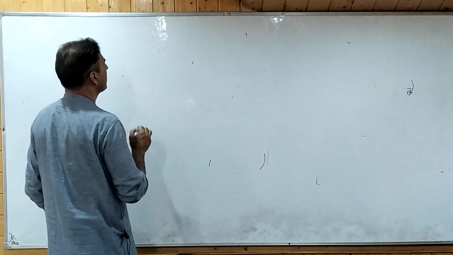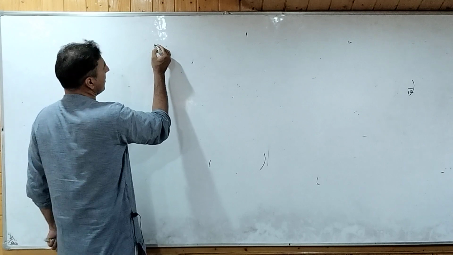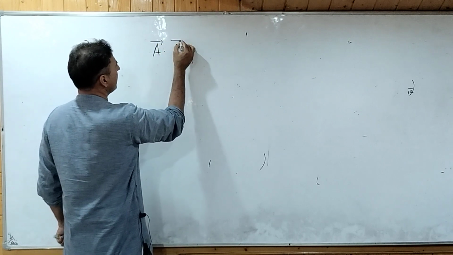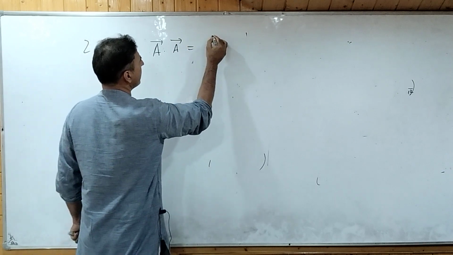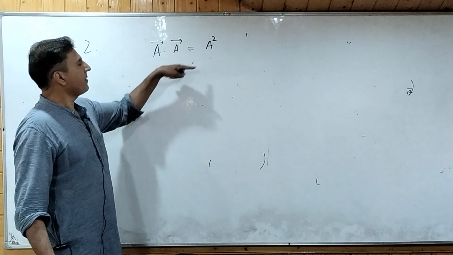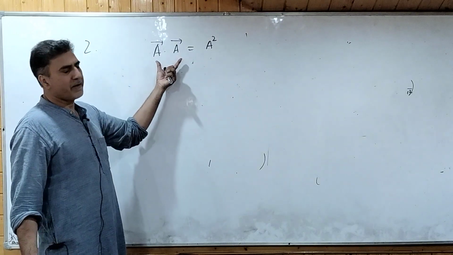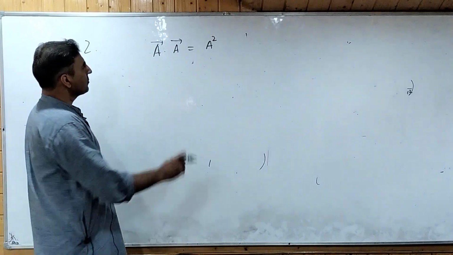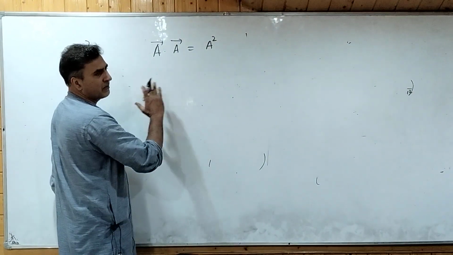Second, if I have the dot product of similar vectors, that will simply be a square. A dot A is A square, B dot B is B square. Dot product of two similar vectors, equal vectors, is the square of it. So what I do, let me differentiate this equation from both the sides.